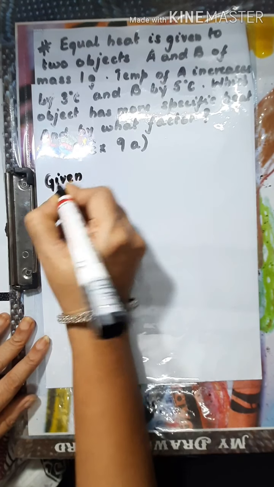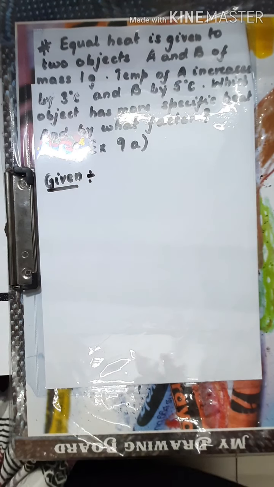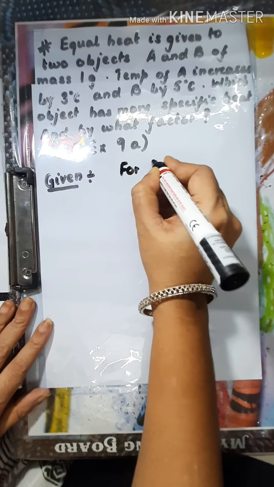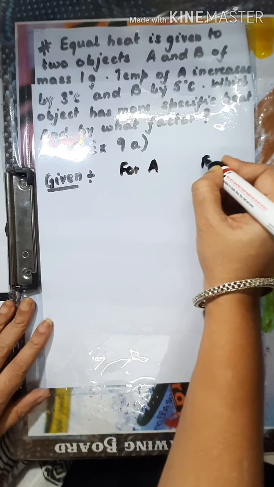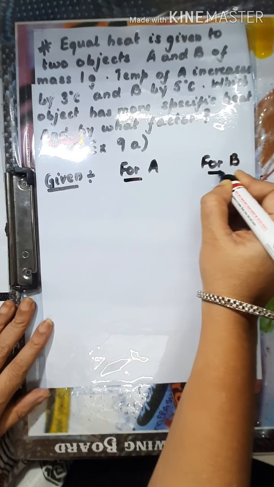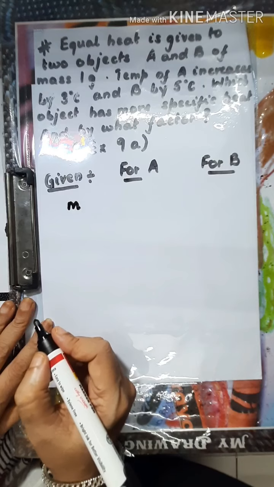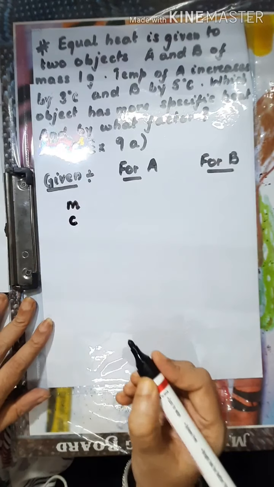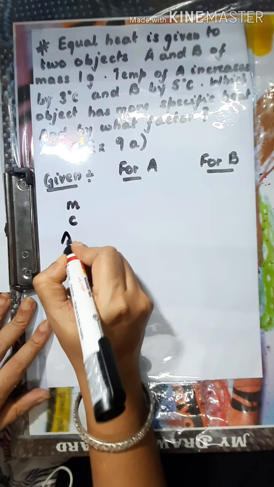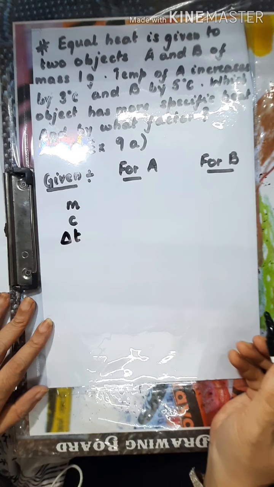Now, you know that specific heat capacity of water is 1 cal per gram degree Celsius, but it's not always like that, right? Now, for A and for B. Let us talk about M, let us talk about C, and let us talk about delta T. They are telling you increases by 3 and 5, so directly they are giving you delta T. So you don't have to write your delta T. Now, what is the mass of A?